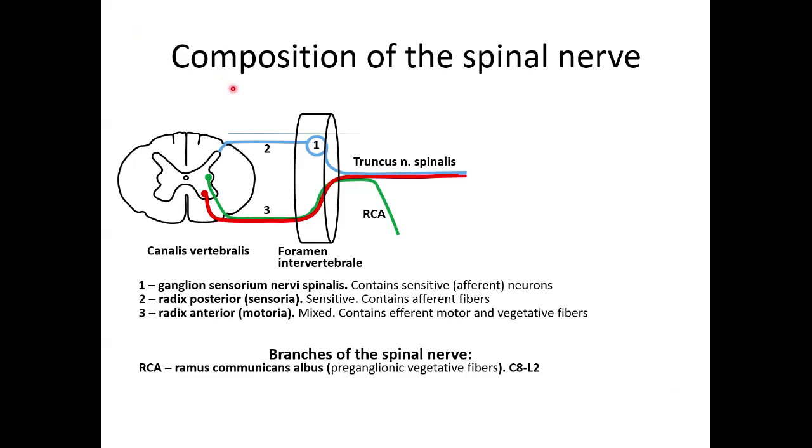It's interesting that ramus communicans albus we can find not everywhere, not in every segment of spinal cord, but only in so-named thoracolumbar region, from 8th cervical to 2nd lumbar.